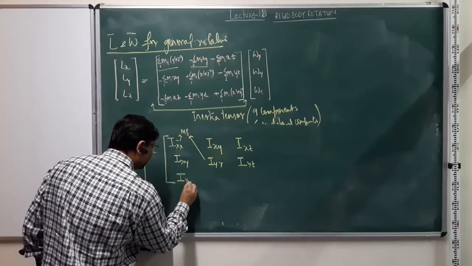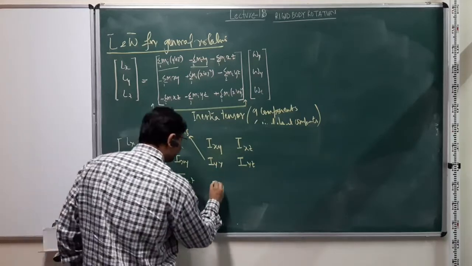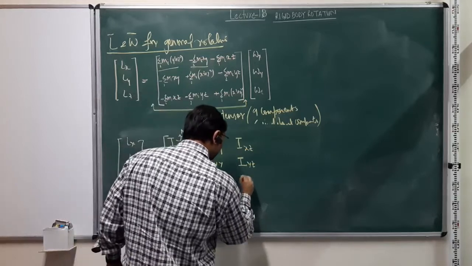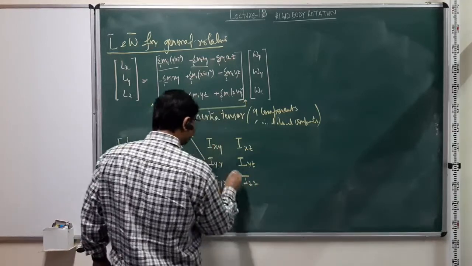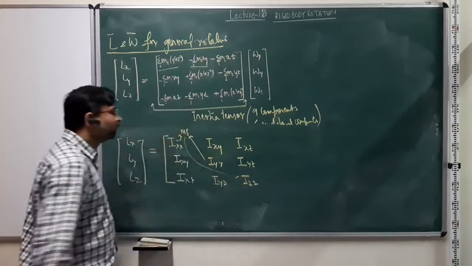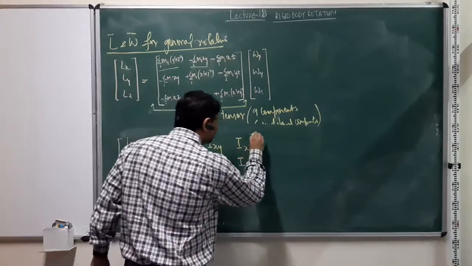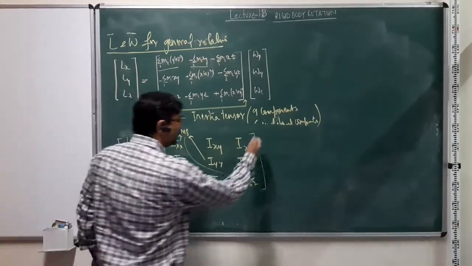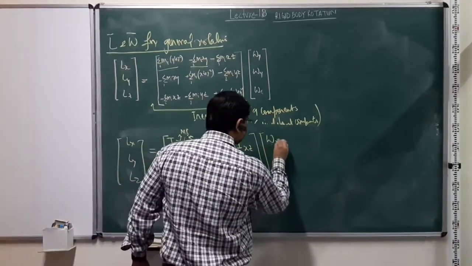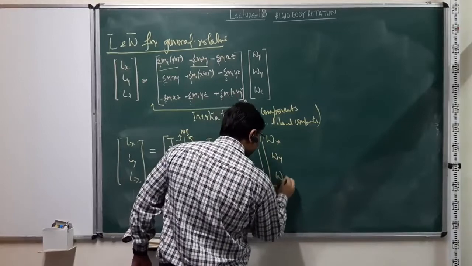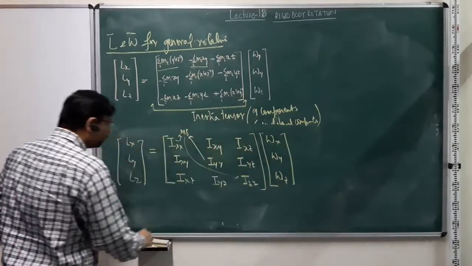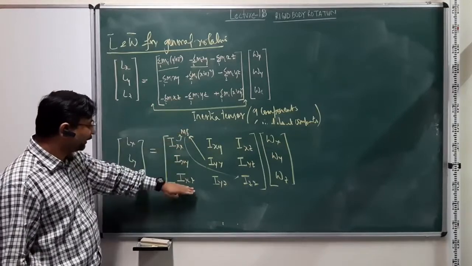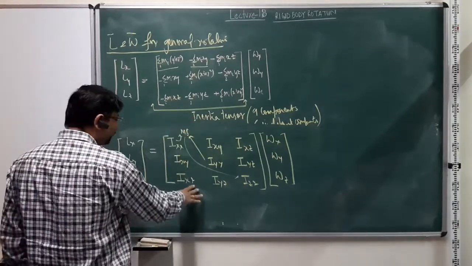Similarly, I xz same as this, I yz same as this, and I zz, which is also the familiar moment of inertia term, about the x-axis, y-axis, and z-axis, and the omega column matrix multiplied on this side. So this is another way of writing this product, with the inertia tensor here.